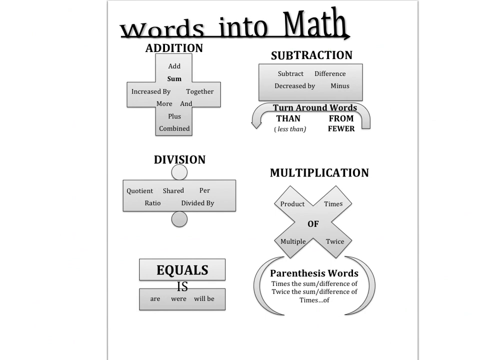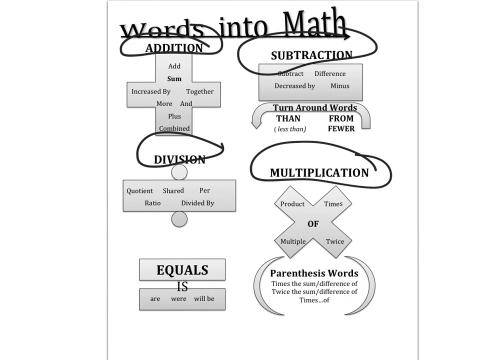So there's a lot going on here on this page, but it's broken down into different categories based on our operations, right? So we have here our addition words, subtraction words, division, multiplication, and even some keywords for when we get to thinking about what the equal sign could represent, and then even some parentheses, which is a little bit more complex.